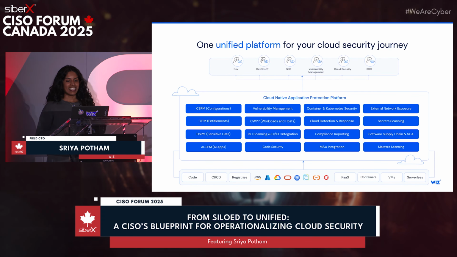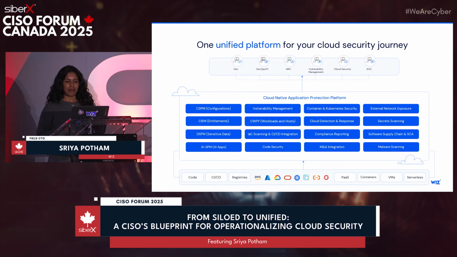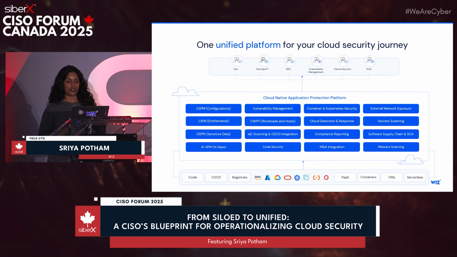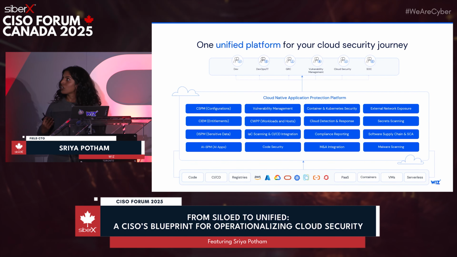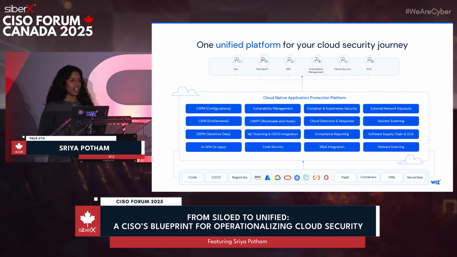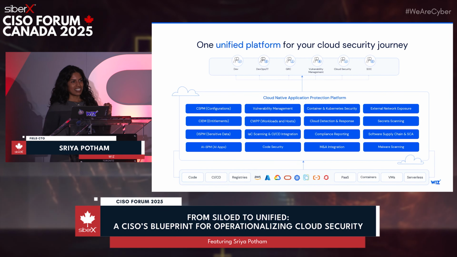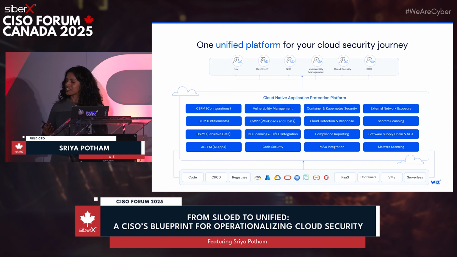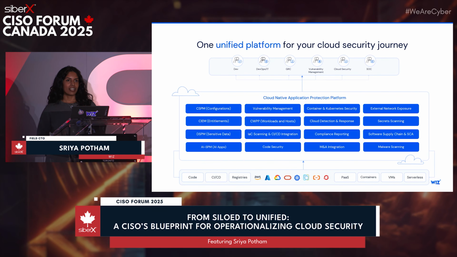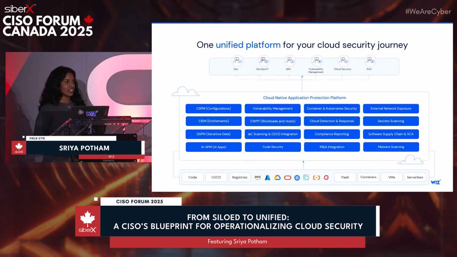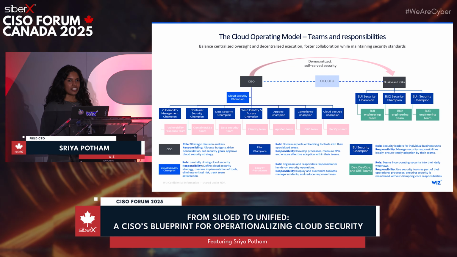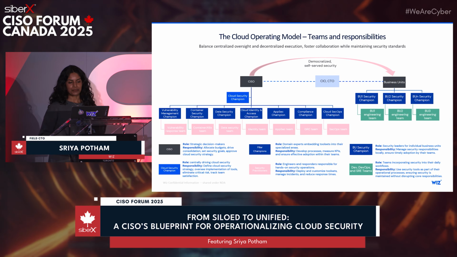So you're not just seeing isolated risks, but how they impact the entire environment as a whole. By bringing all of this into one platform, developers, DevOps, CloudSec, and the SOC can work together seamlessly, and everyone operates with the same information, tailored to their responsibilities, and ensures faster remediation.